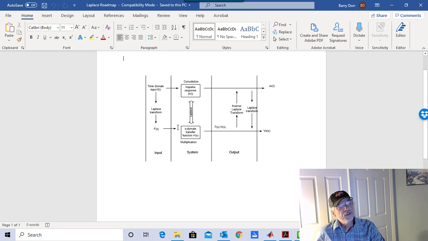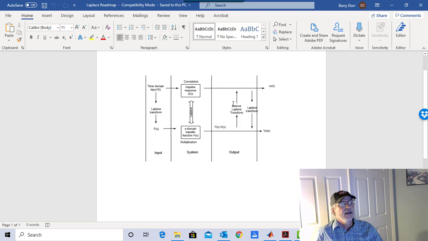What the initial and final value theorems do is they say, in English, you've got a Laplace transform and you're thinking about converting it to a time domain function. If I do a full inverse Laplace transform, I'm going to get a time domain function that I can evaluate at 0 or 13 or 17 or infinity, whatever I want. But I'm going to have to do a lot of work to do that full inverse Laplace transform.